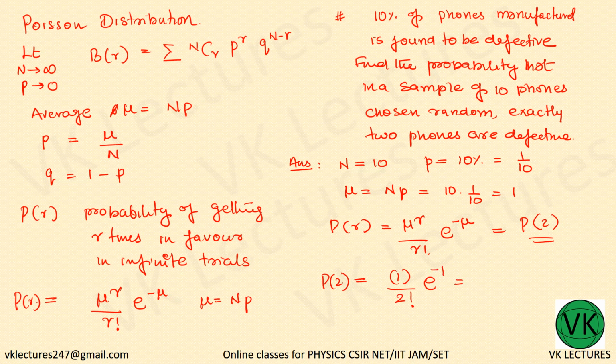So 1 by 2e. This is the probability of getting 2 phones which are defective out of the 10.